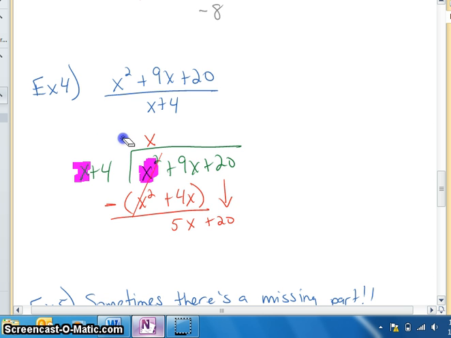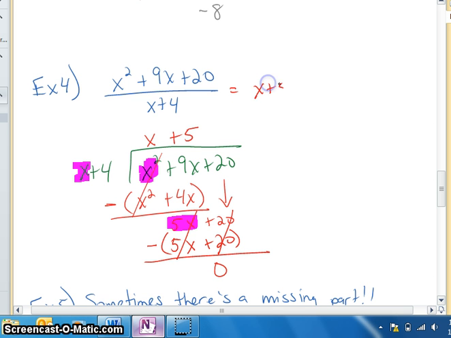So now I'm looking at the x and the 5x. So x times a positive 5. Subtract. 5x gone, 20 gone, so I have no remainder this time. So these divide evenly.